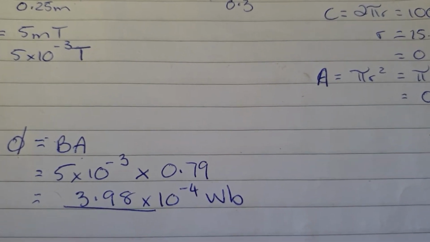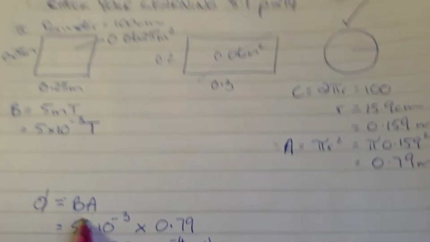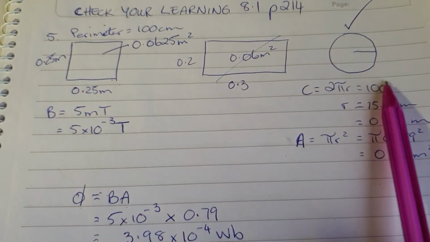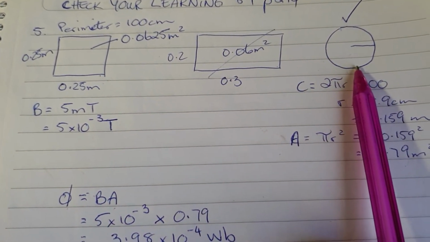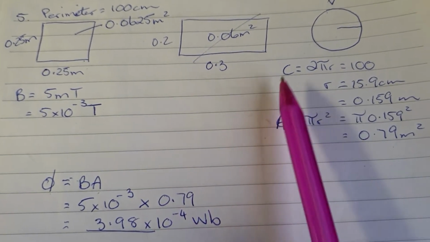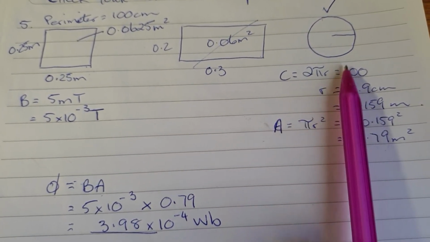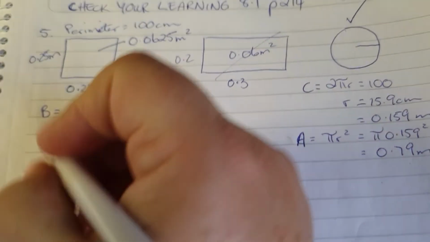Now, for justify with a reasoned explanation, I don't think there's anything wrong with this as an explanation. You can see that I've tried different perimeters. You might add in a sentence that says a circle gives you the maximum area and therefore the maximum flux. So we could add that in.